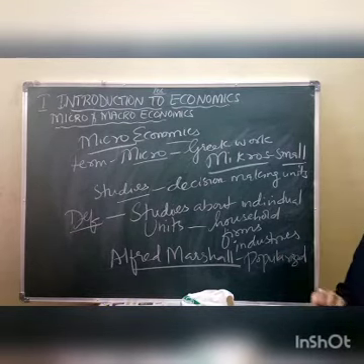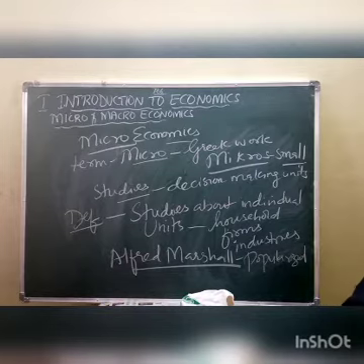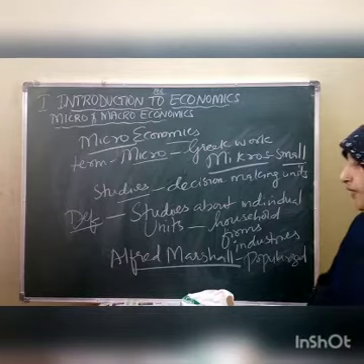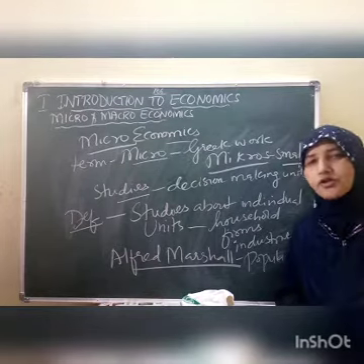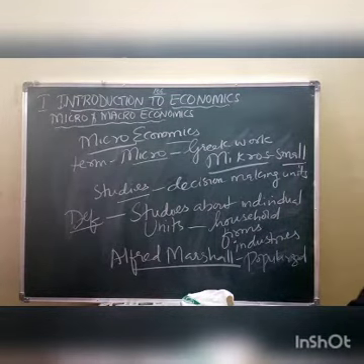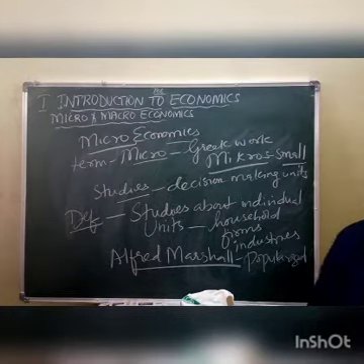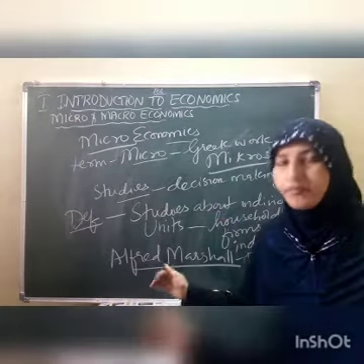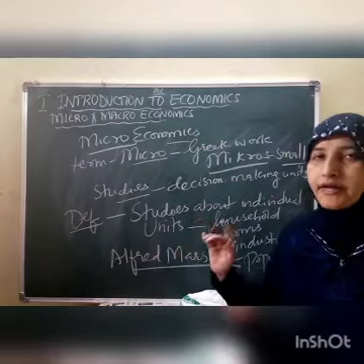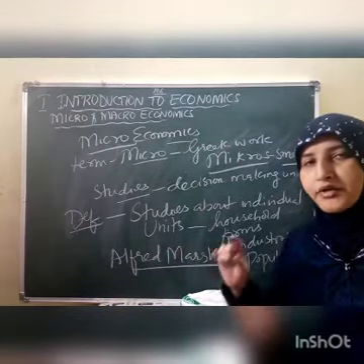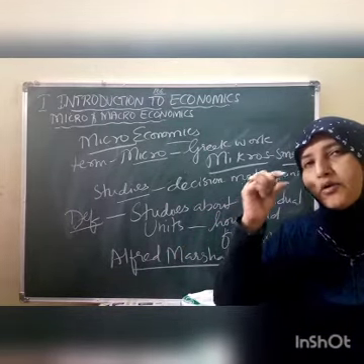Alfred Marshall popularized microeconomics. He mentioned that microeconomics is based on the assumption of full employment and marginal analysis. I hope this is clear to all of you. The word micro is derived from the Greek word micros, which means small. It studies about individual units.